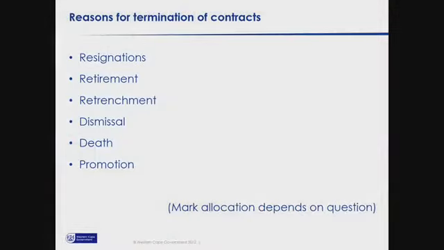Then the next one was retrenchment. People are retrenched because they are no longer needed in the workplace, they might no longer have the skills, or they are overstaffed, or the business gets liquidated and they have to retrench their staff. That might be happening with SAA at the moment, because there might be quite a bit of retrenchments there.